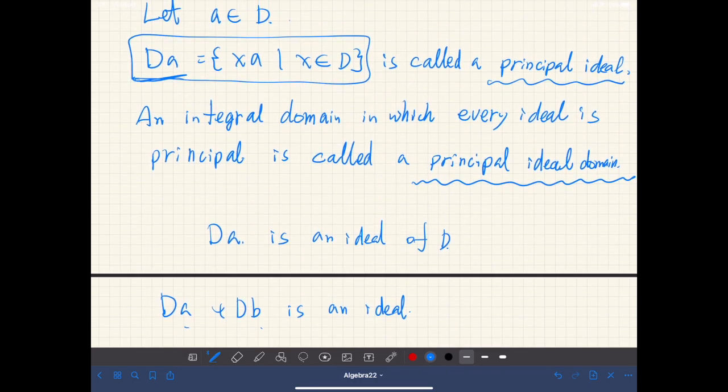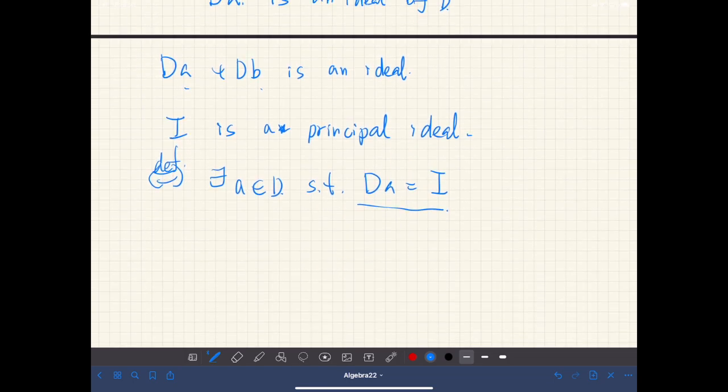This is what we mean by every ideal is principal. So every ideal in a principal ideal domain can be expressed in this way.